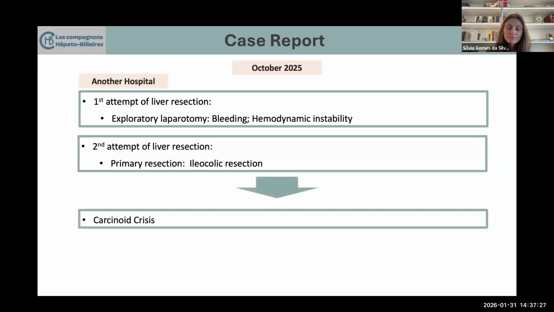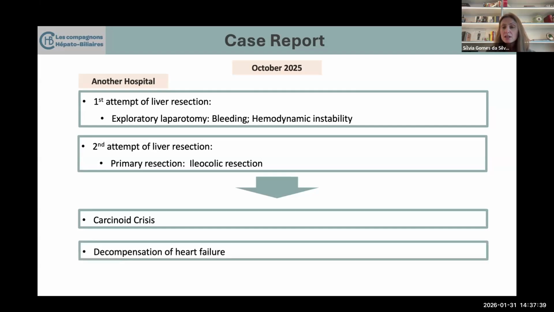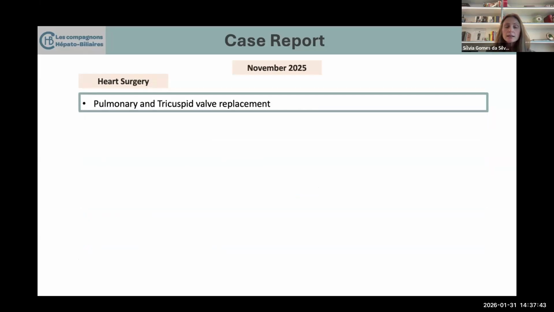However, immediately post-op, the patient developed a very severe carcinoid crisis, with decompensation of heart failure. They had to transfer the patient to a cardiac ICU, and the patient needed an urgent, I have to say, pulmonary and tricuspid valve replacement.